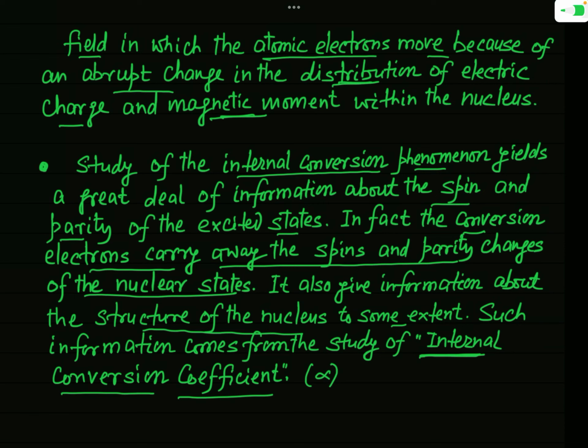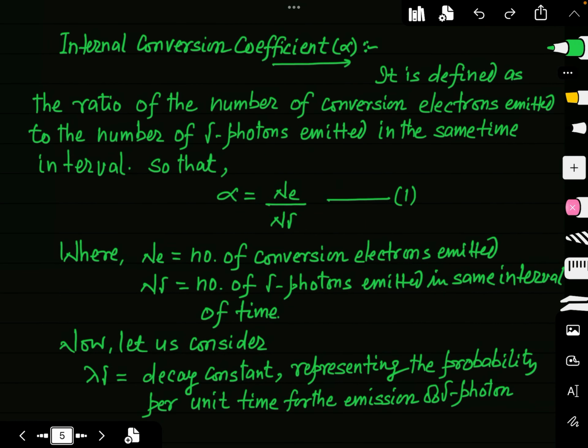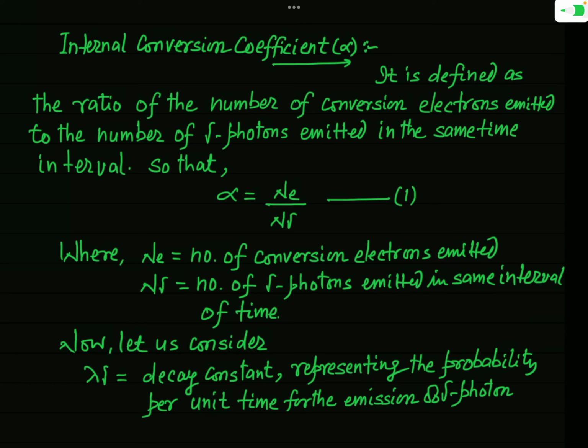So now I will give you a basic idea of this internal conversion coefficient. In the forthcoming lecture our prime aim will be the calculation of this coefficient. But in this present lecture, as I have told you, this is just an introduction to this phenomenon, so I am giving you just the basic definition of the internal conversion coefficient.